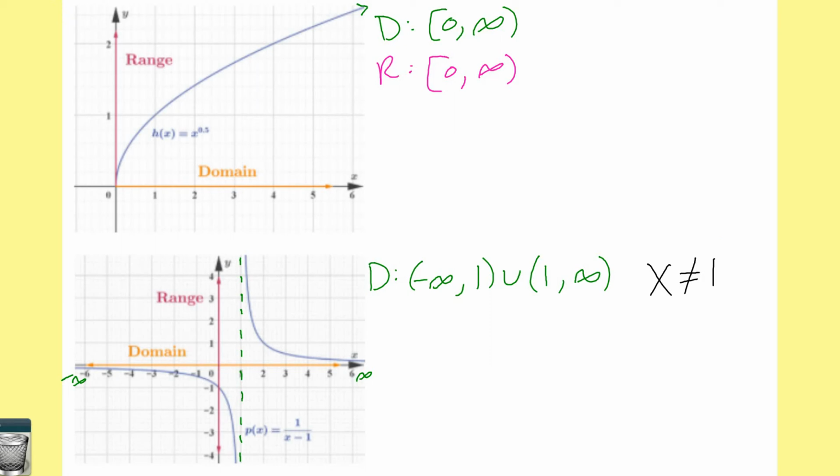Okay? Both are perfect. So let's do the range. So the range in interval notation is going to have a similar problem. There's an asymptote at 0. So you're going to go from negative infinity to 0, then 0 to infinity. Or you can simply say y doesn't equal 0. Okay?